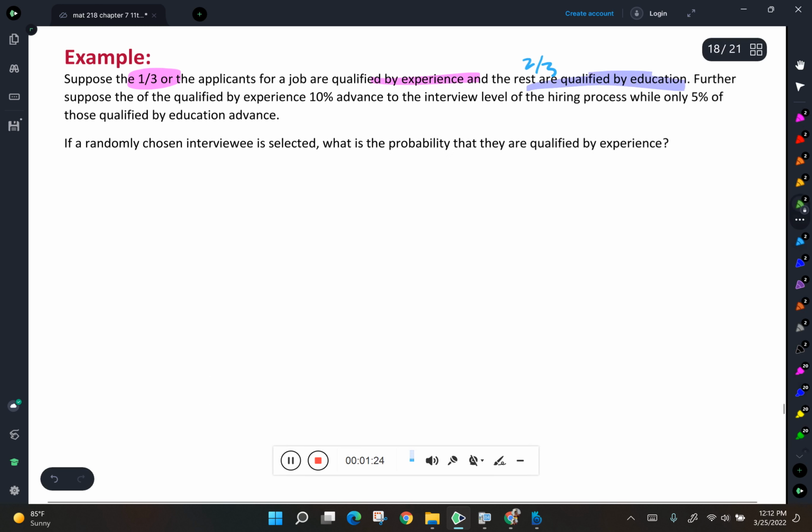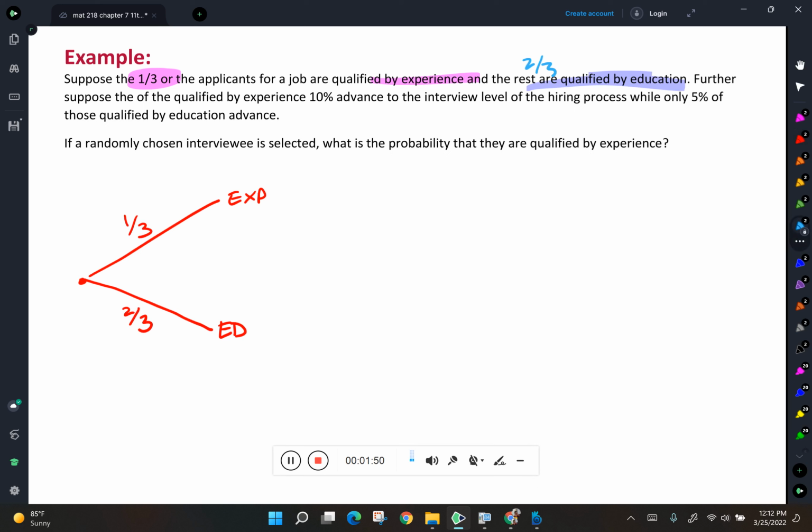So I'm going to start drawing a tree diagram down here to set this out. We have people that get there by their experience, and people who get there by their education. The probability that an applicant got there by experience will be 1/3, and then of course 2/3 would be the probability they got there by their education. So if I were just to run down to the HR department and grab all of the applicants for the job, 1/3 of them experience, 2/3 of them education.